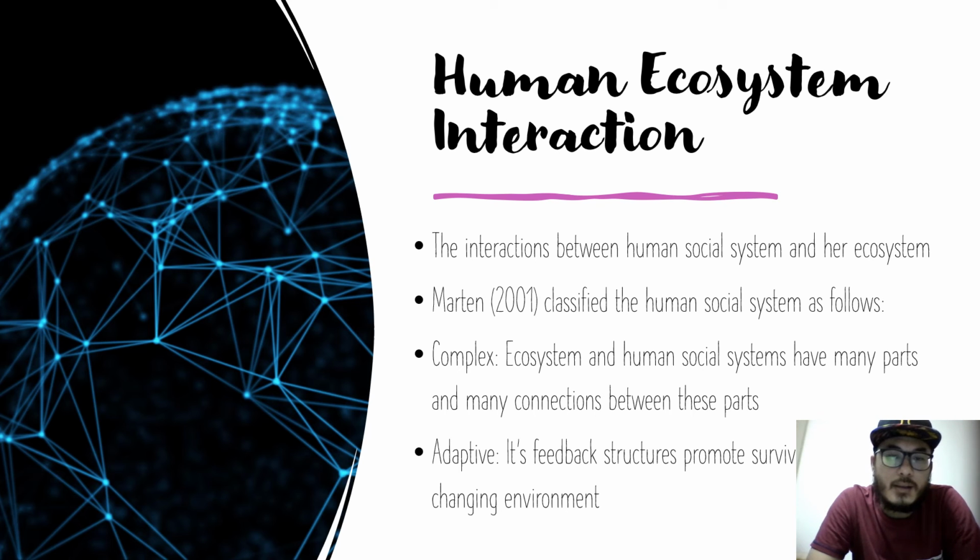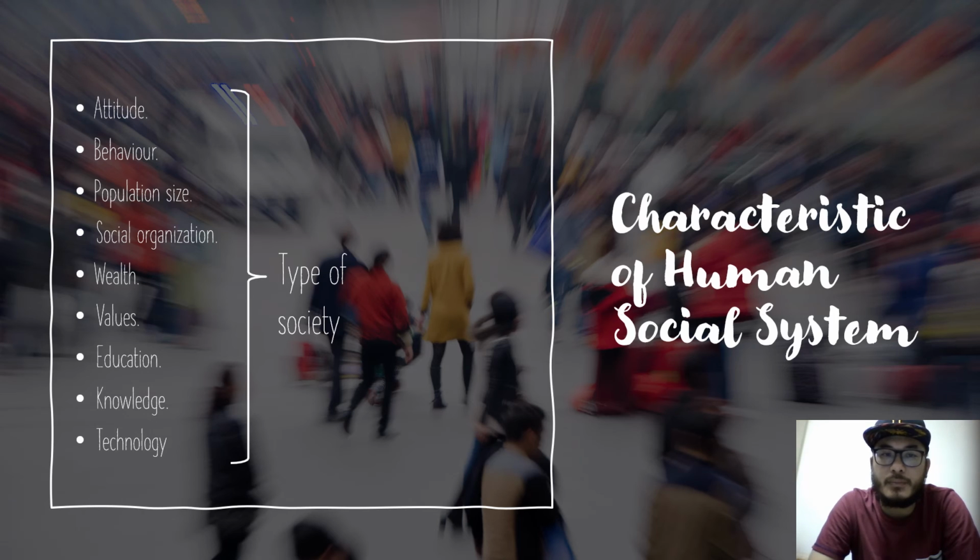And there's another system which is adaptive. Adaptive means feedback structures promote survival in a constantly changing environment. So, with these two things, we can learn something important, which is the type of society that we are living in.